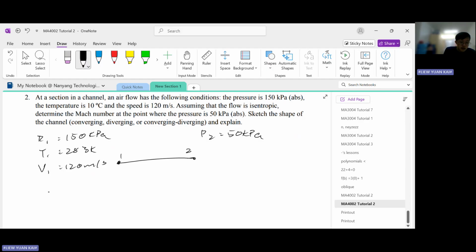What are we expected to find? Determine the Mach number, so we are expected to find M2.